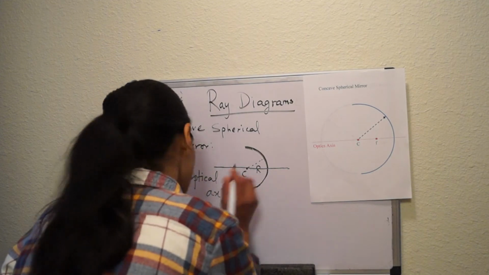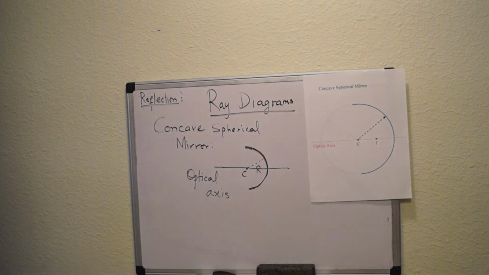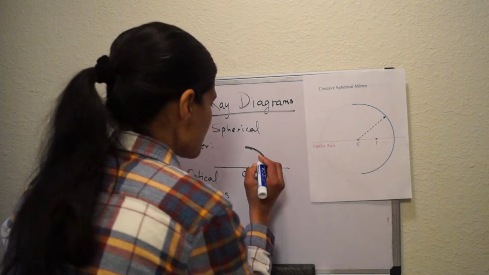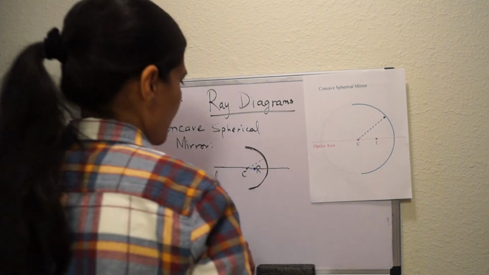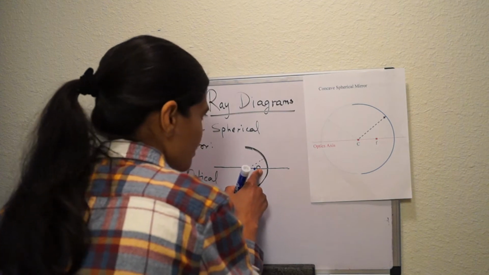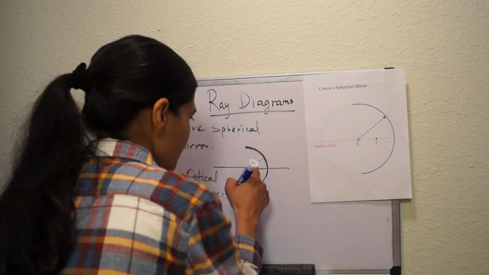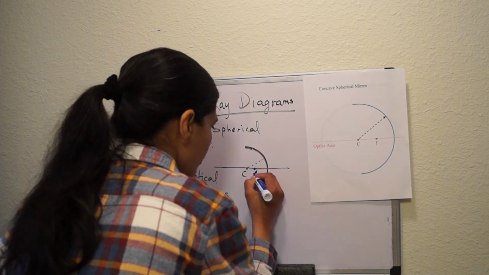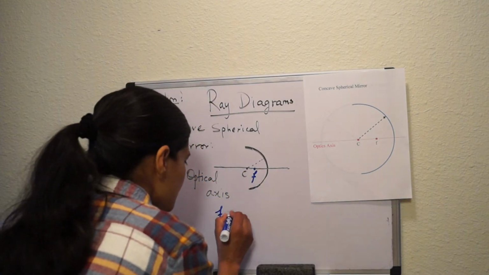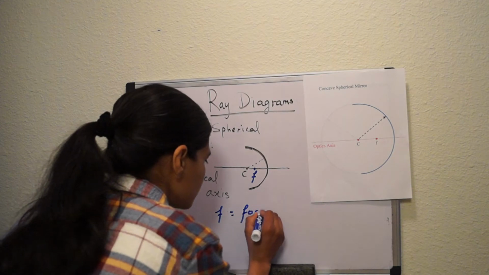Maybe I could draw it with a different color so you can see better. Let us call this the focal point, F. I'm going to erase this R because it's going to make my diagram messy. So this is just F, focal point. F means focal point.